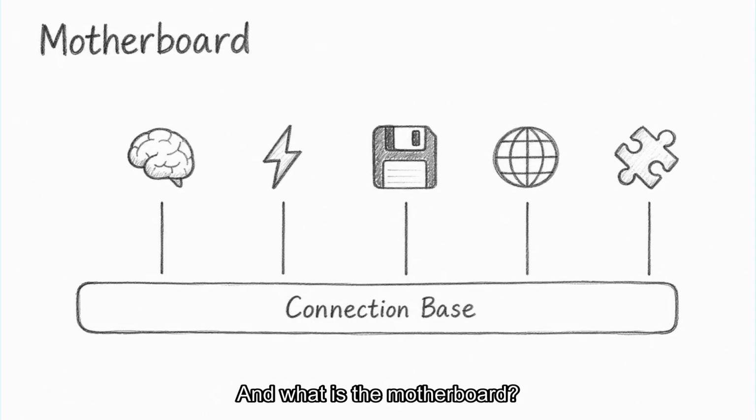And what is the motherboard? I think of the motherboard as the overall physical kitchen structure, the layout, the connections, and the basic infrastructure. The shelf, the counter, and the fridge. If there's no connection and it's all separated, they're going to be useless. So everything has to be connected, and a computer is the same.